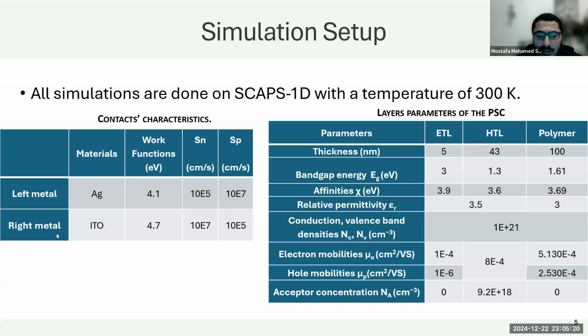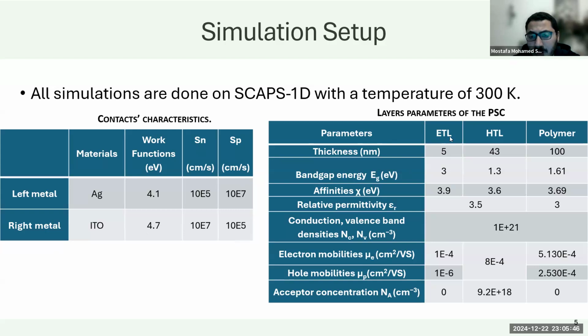For the right contact or the front contact, ITO is used with 4.7 electron volt work function, 10 power 7 SN, and 10 power 5 SP of centimeter per second.